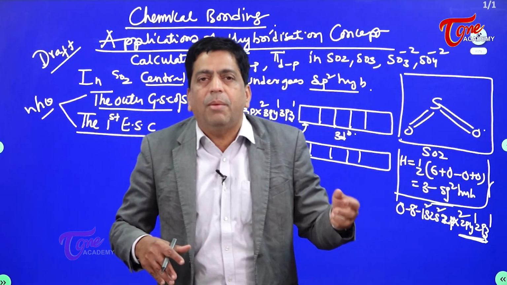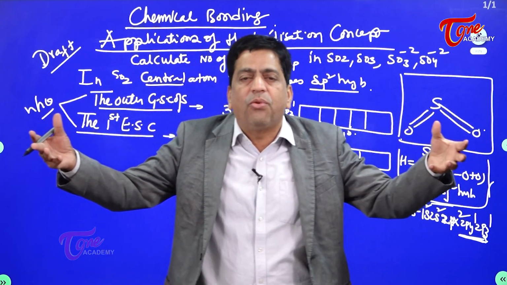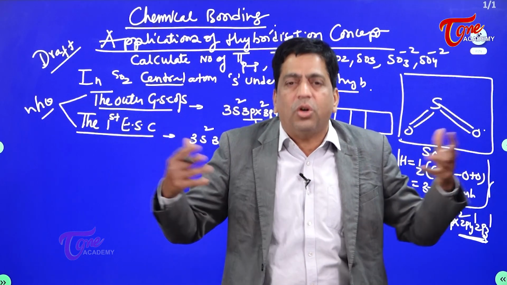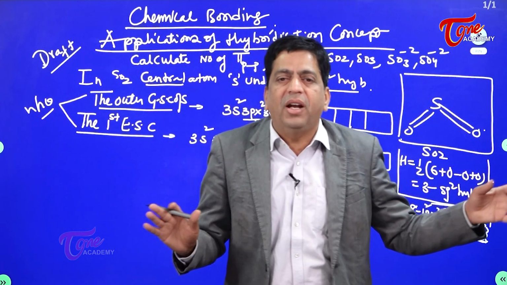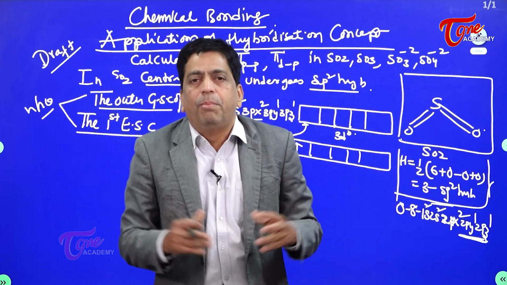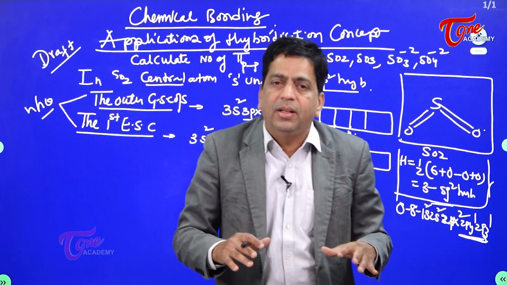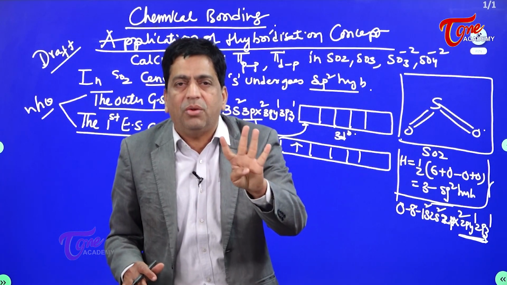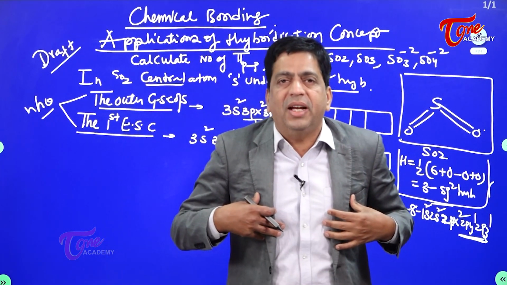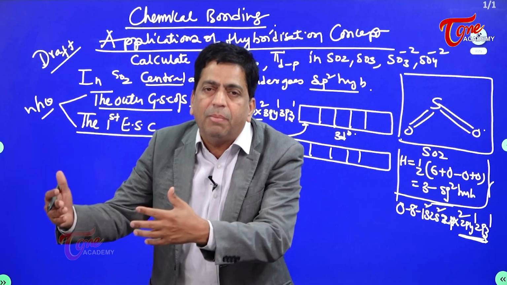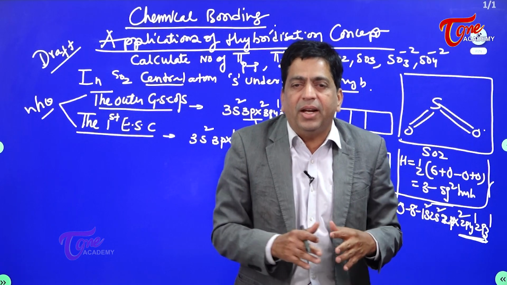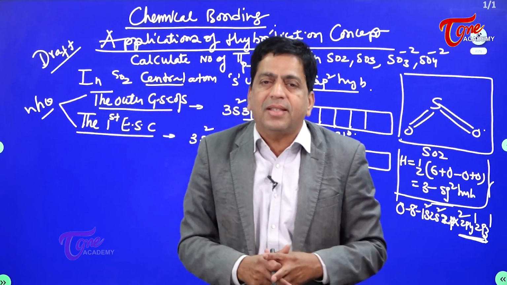So each oxygen is coming with 2 unpaired, so a total of 4 unpaired electrons are coming with 2 oxygens. And you know that only unpaired electrons participate in bonding, not the paired ones. So I myself must get ready with 4 unpaired electrons so that I can have unpaired pairing with unpaired. I get that only when I get excited and stop at the first excited state.